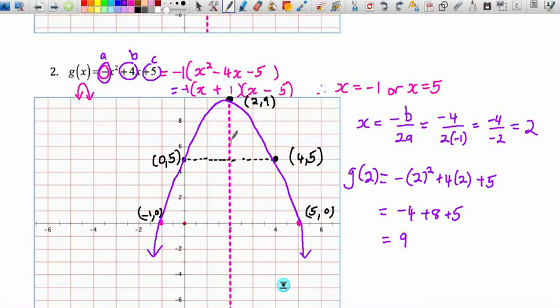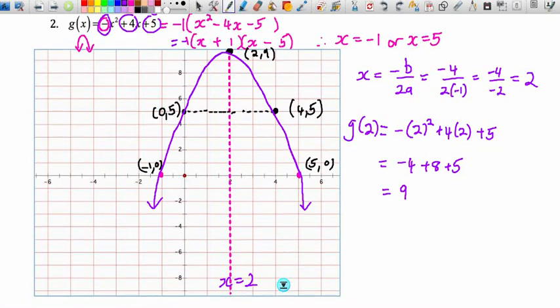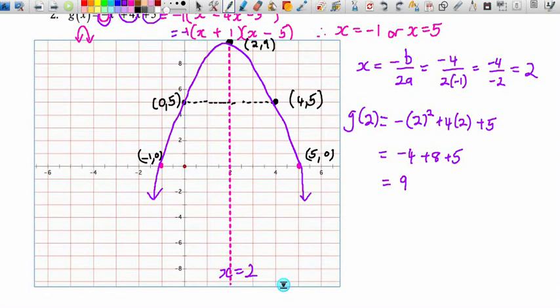We've labeled our vertex, our axis of symmetry, our y-intercept, the symmetrical point, and our 2 x-intercepts, and we've completed it by putting arrows on the branches to indicate that it continues forever downwards.